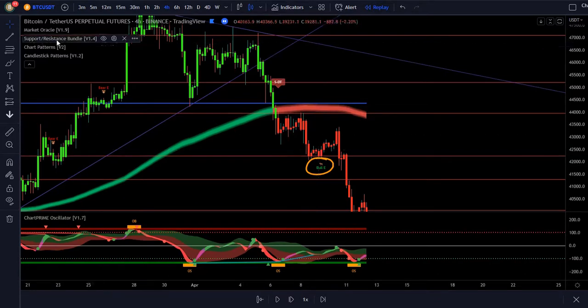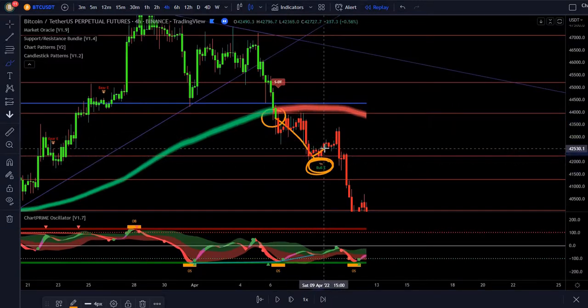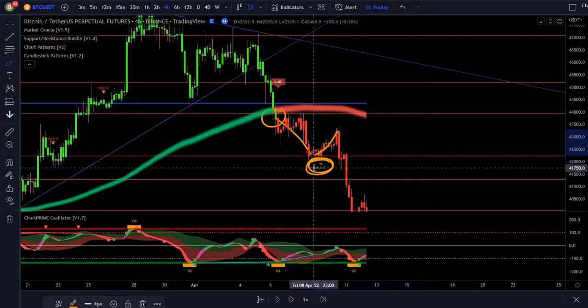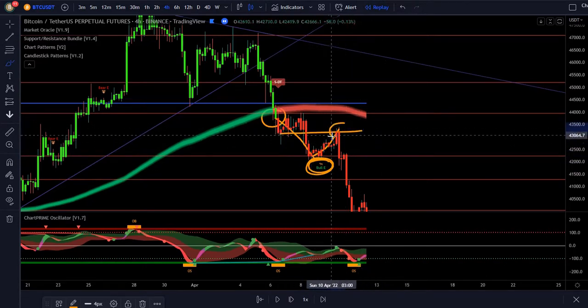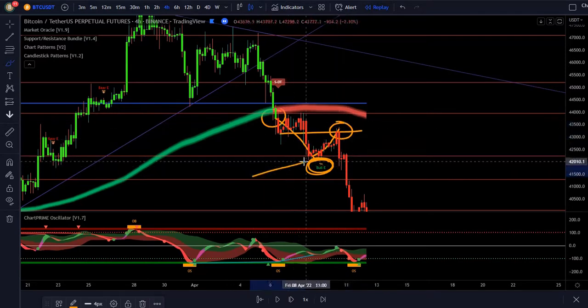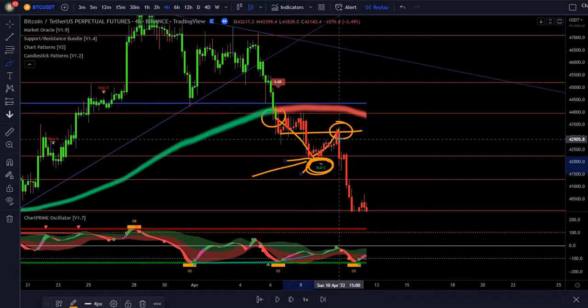That's why, for example, if you were maybe in a long in here and then you're going down, you see a bullish engulfing, then you can take or wait for that bounce to the upside and then close your long, your losing long, into a better position rather than close it all the way down here, right? So you see now how it's working.